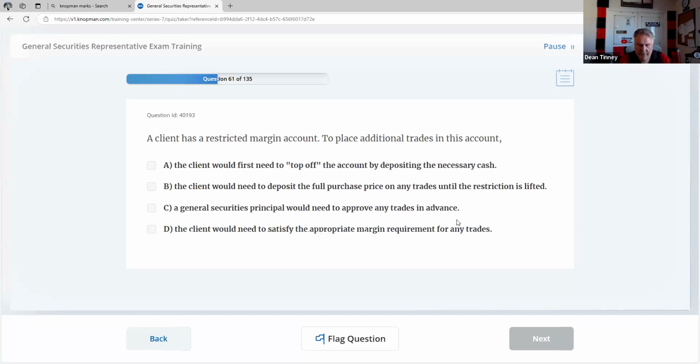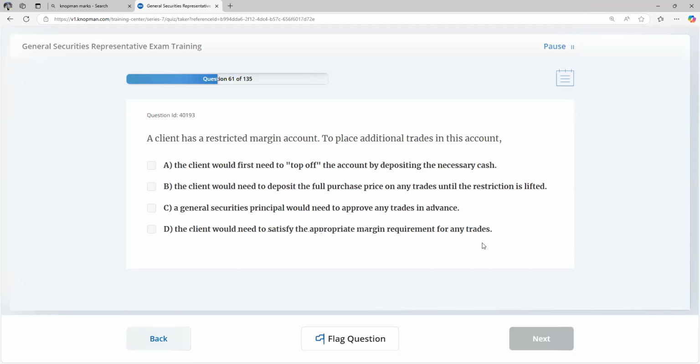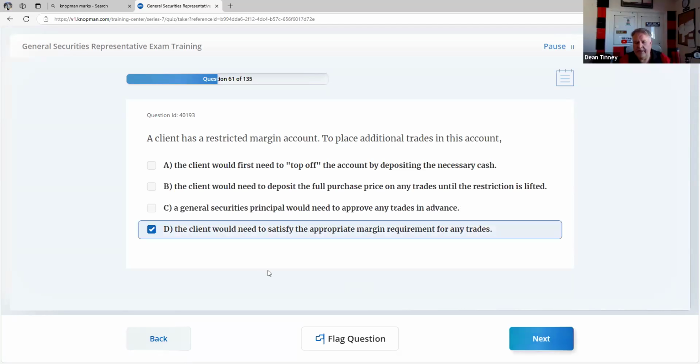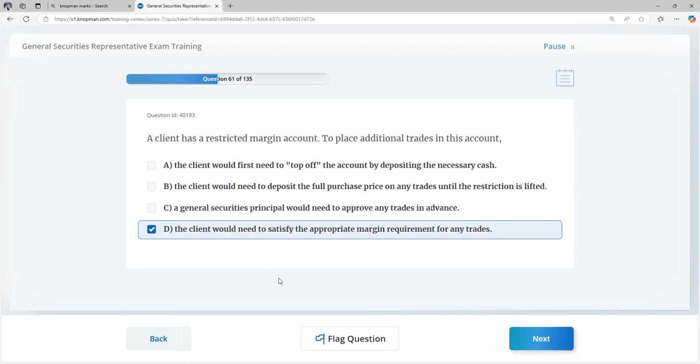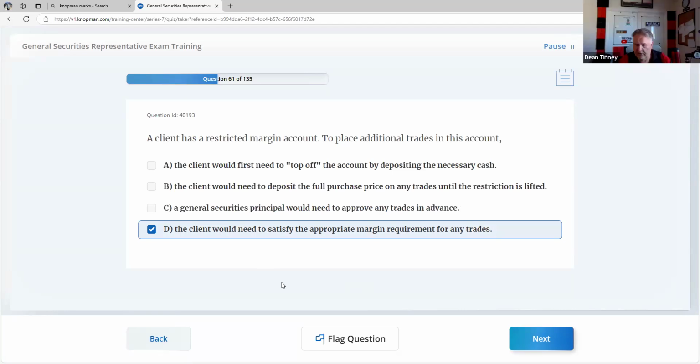That's all that means. So then you'd need to satisfy the appropriate margin requirement. I think that's going to be the answer. Remember, you can only have half of the proceeds. But A is nonsensical. You've got to top off the account. No, you get back to being 50%. Nobody's going to make you do that. The client no longer has access to margin. No. The very nature of you putting up 50 for the next trade will bring the equity back up towards 50. Right. So I think it's D.